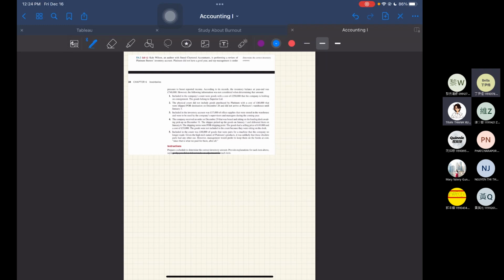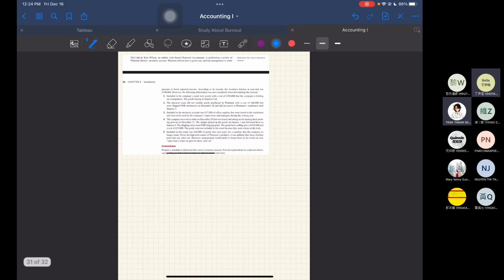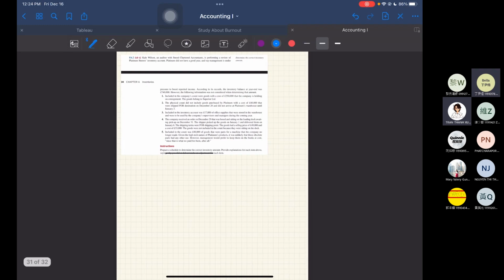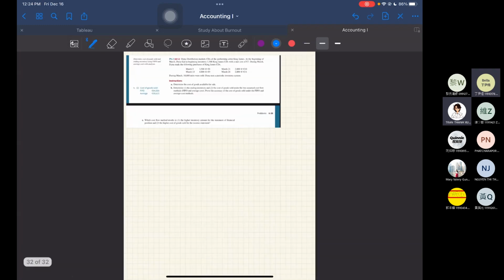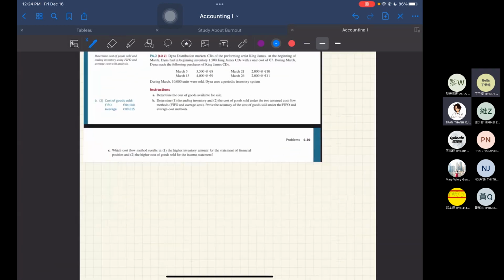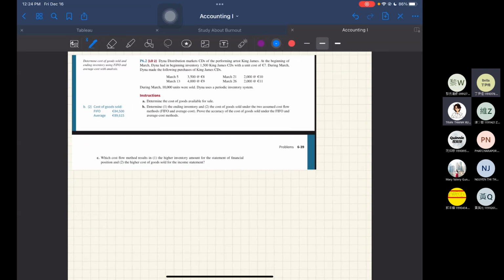E6.2. I think we can do P6.2. This will be easier.